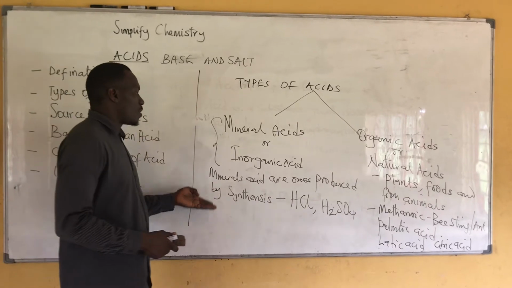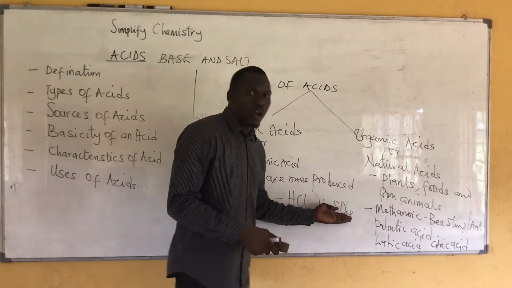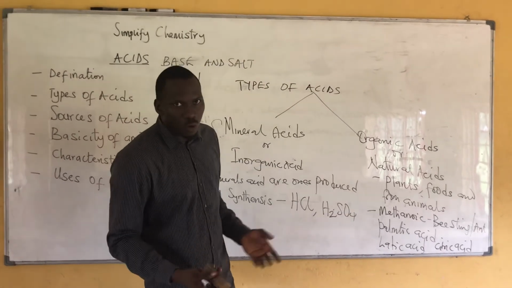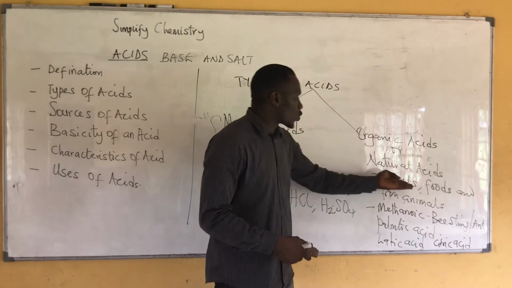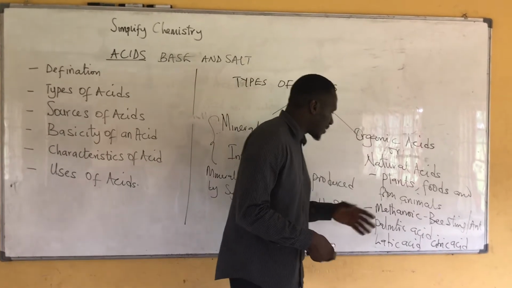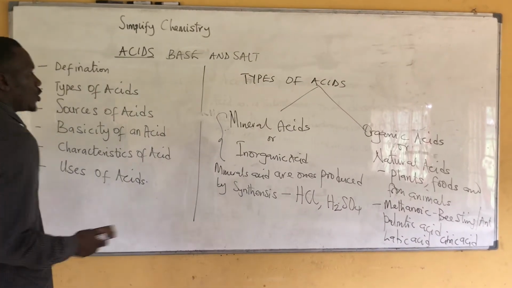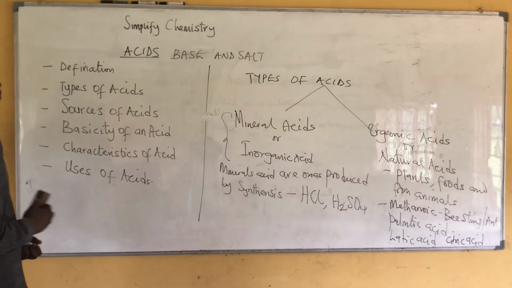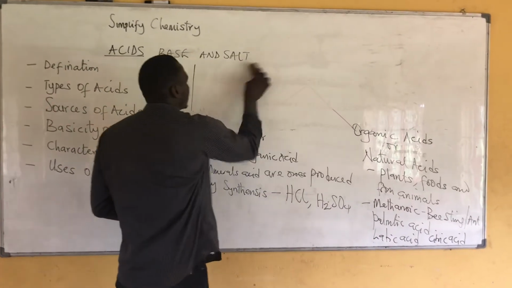Examples of mineral acids include hydrochloric acid, tetraoxosulfate 6 acid, and HNO3. The organic acids are those gotten from plants, food, and animals: methanoic acid, palmitic acid, lactic acid, and so on. Let's move on.